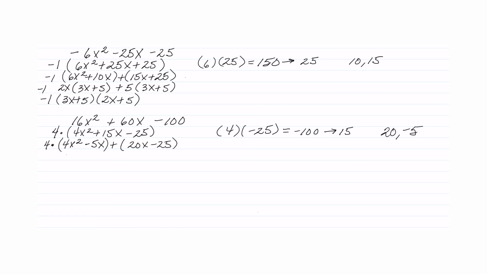Now we're going to factor out our greatest common factors. That's the parentheses. So our greatest common factor then would be 4x minus 5. And what's left behind will be x plus 5.